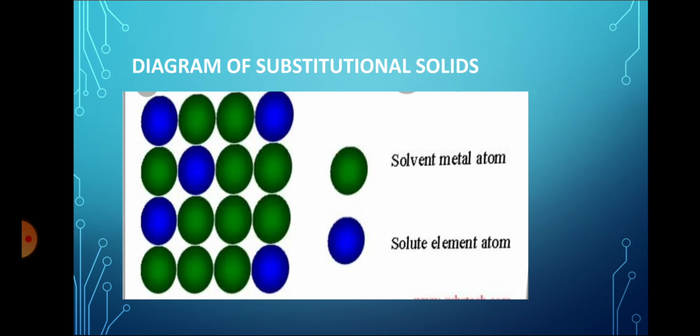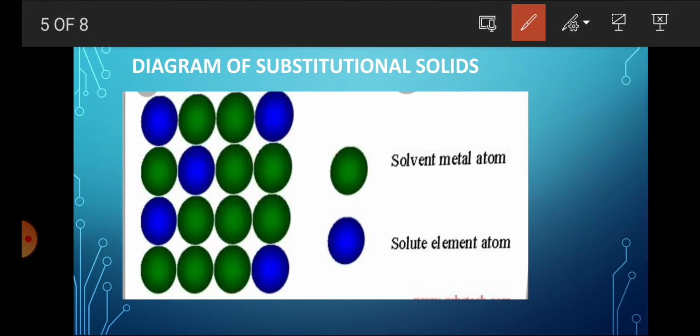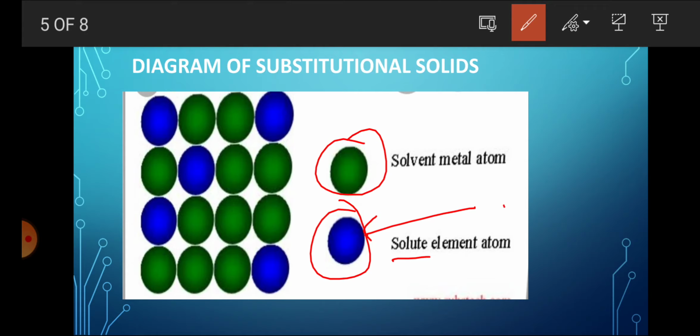Before watching the other category, see the diagram: these balls are of the solute. These are of the same size. You can see the size of this one and this one, they have the same size. So solute molecules are taking the place of some solvent molecules.